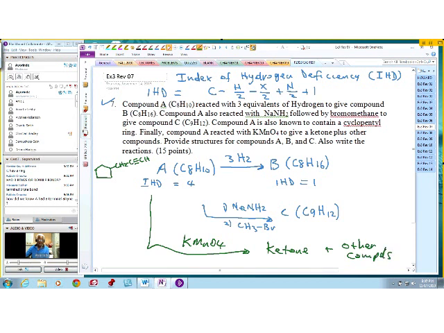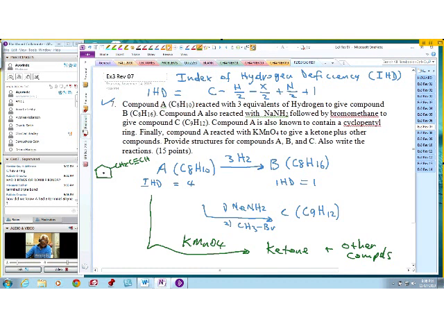Okay, so at this point, the only thing missing here, remember that we said compound A has an IHD of 4. We know that it has a terminal alkyne. We know it has a ring. So therefore, it must also have a double bond. Because the terminal alkyne is an IHD of 2.